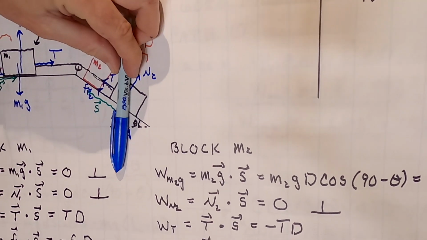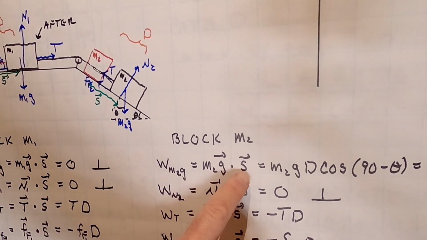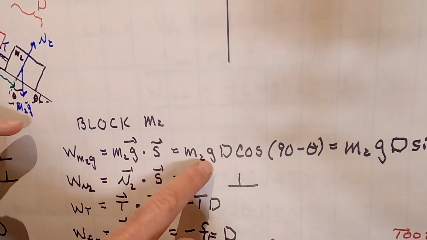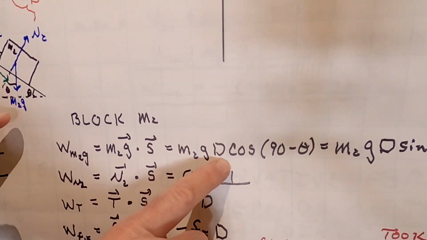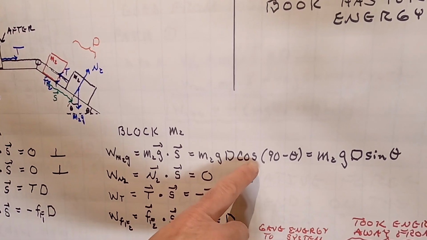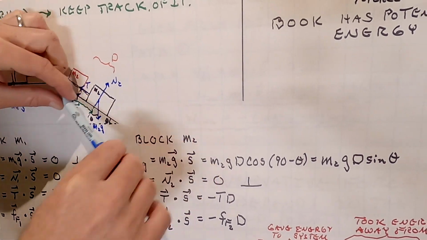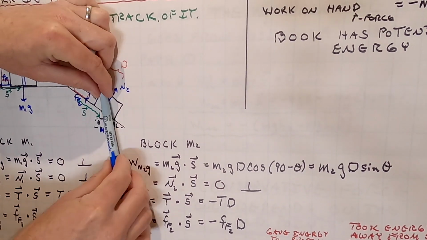Now, if we come over to this block, the work due to the weight: m2g is this way, s is that way, so we got m2g dotted with s. So we got m2g times the distance, which we're calling d, times the cosine of the angle between here and there.